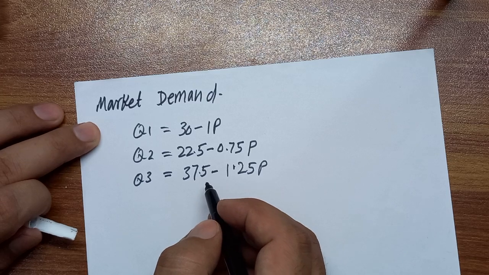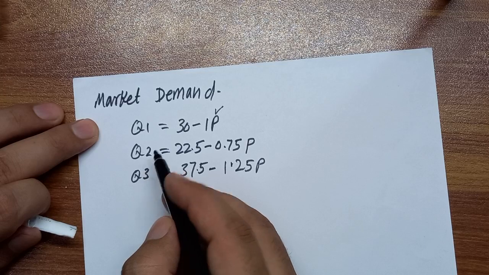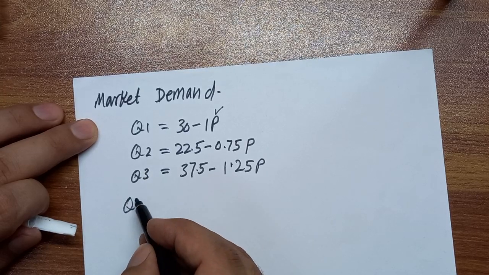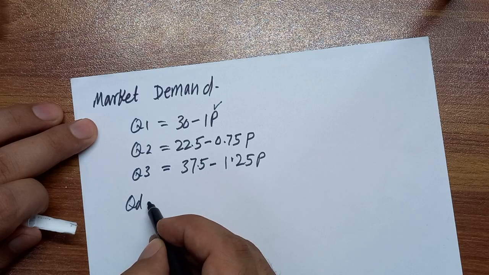So here we should find the price and we should also find the market demand, the quantity of market demand.